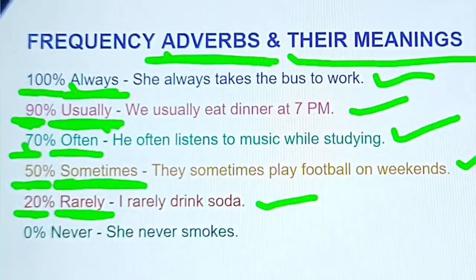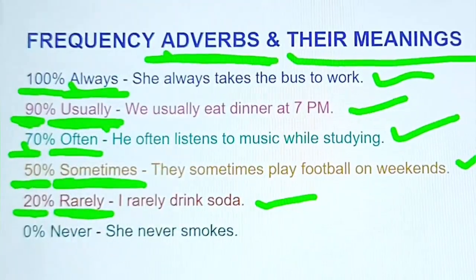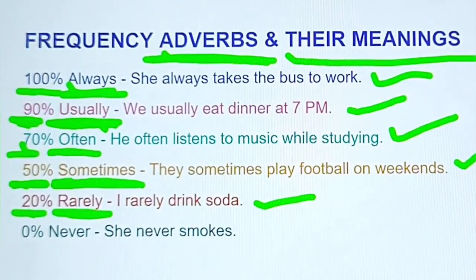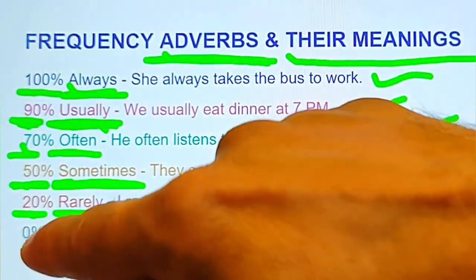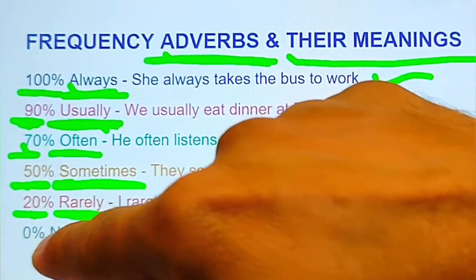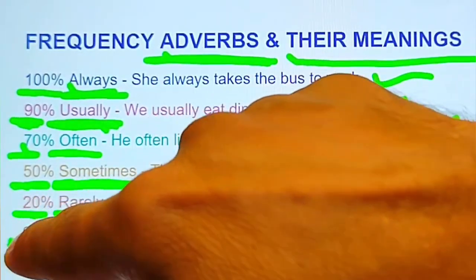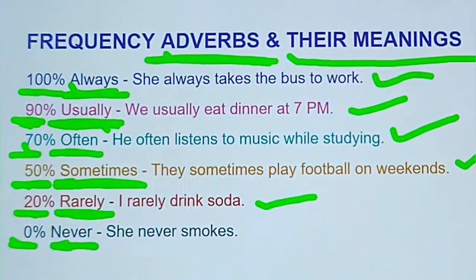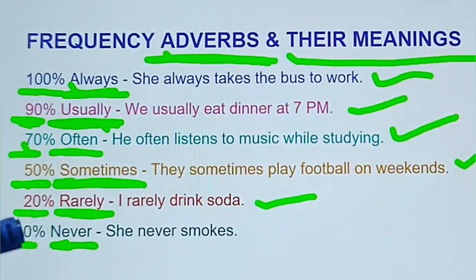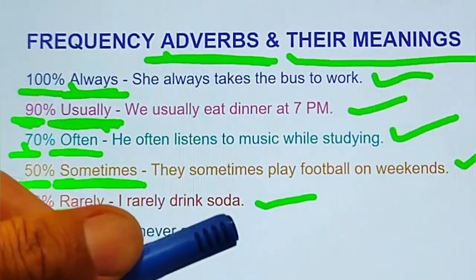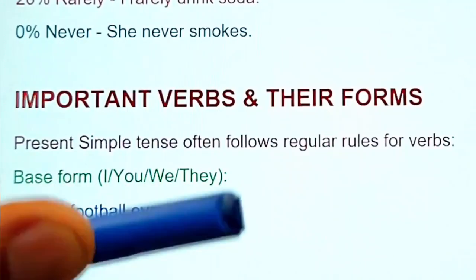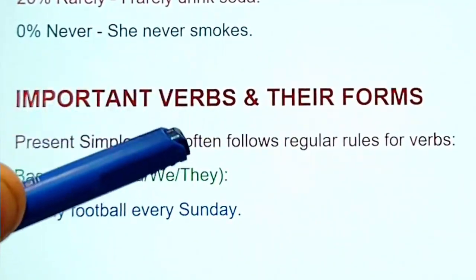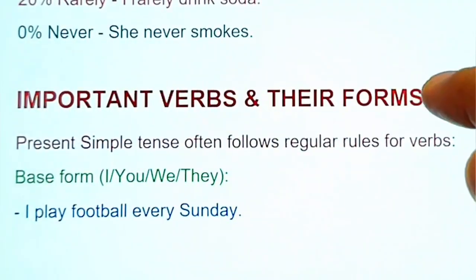And next adverb we use in the simple present tense is never. Never is clear, it's not going to happen, and the probability of happening is 0%. For example, she never smokes. Let's describe important verbs and their forms.